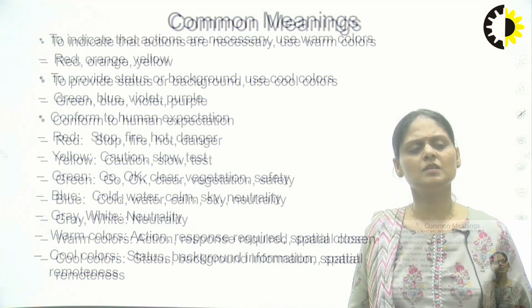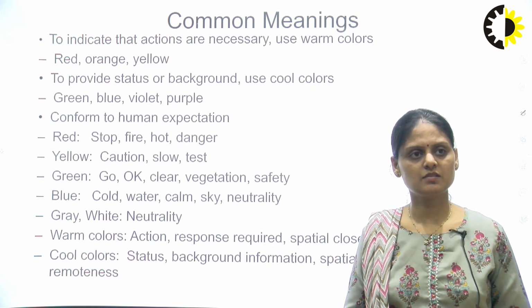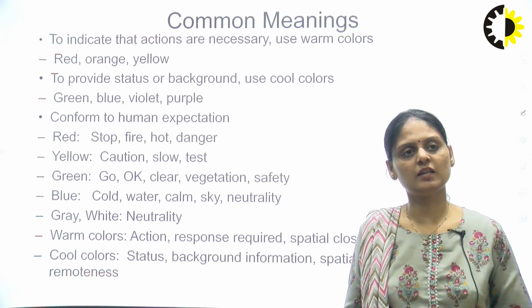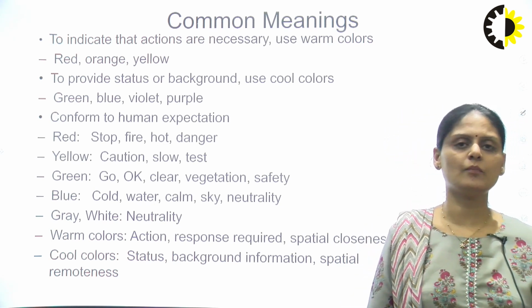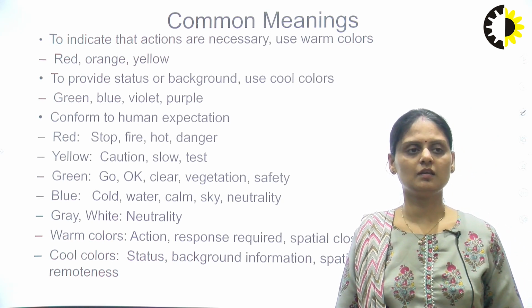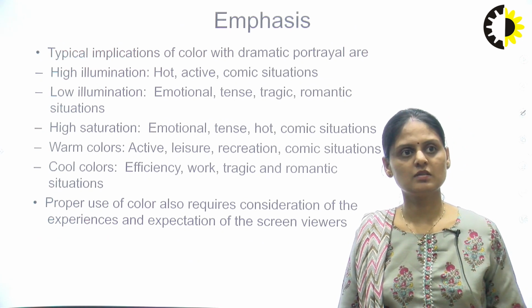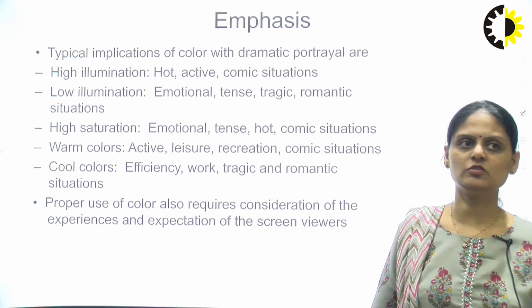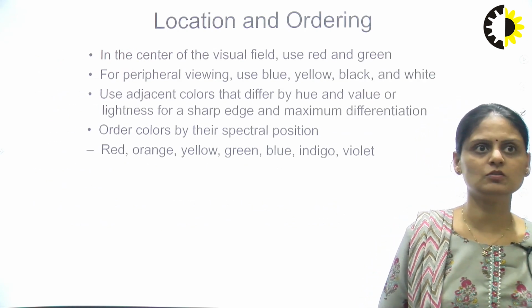All these colors are analogous to their meaning. So the color should be appropriate and properly used according to its meaning. The same applies to high illumination and low illumination and what kind of colors we can use.